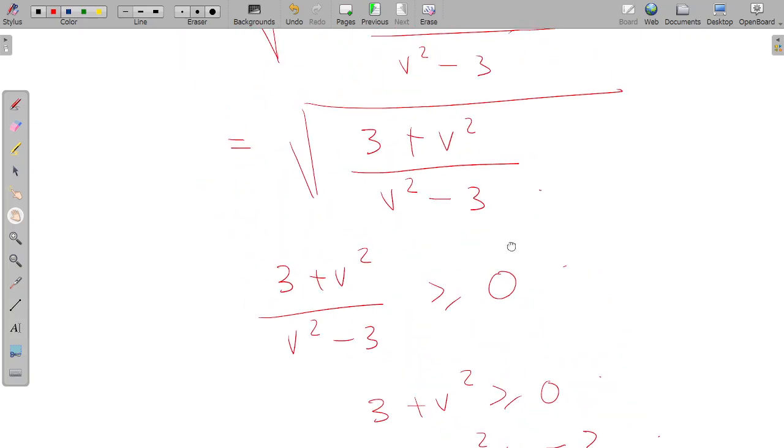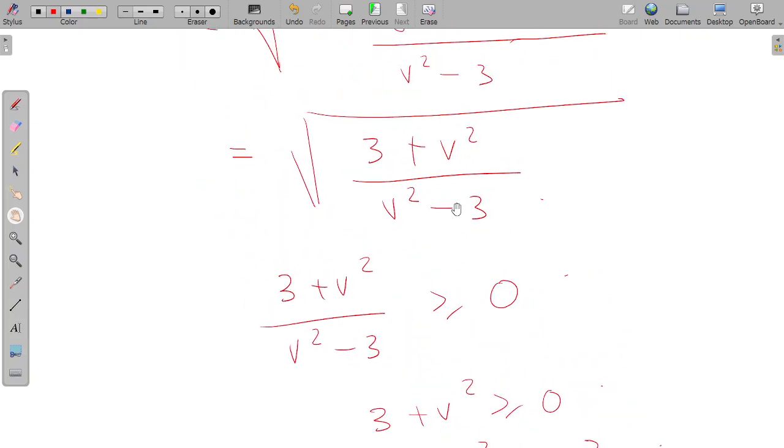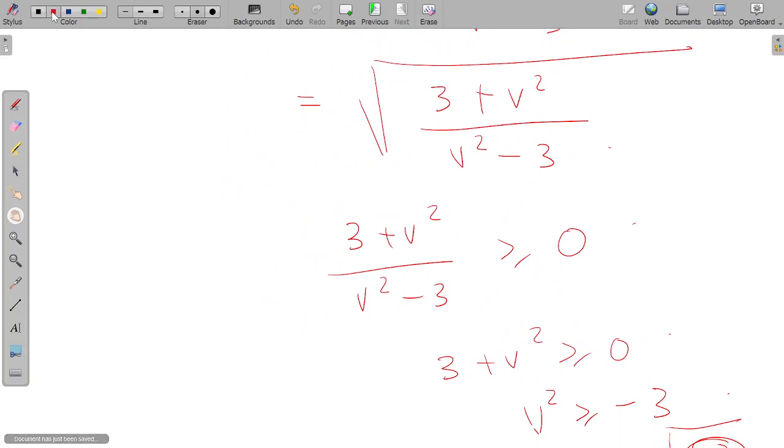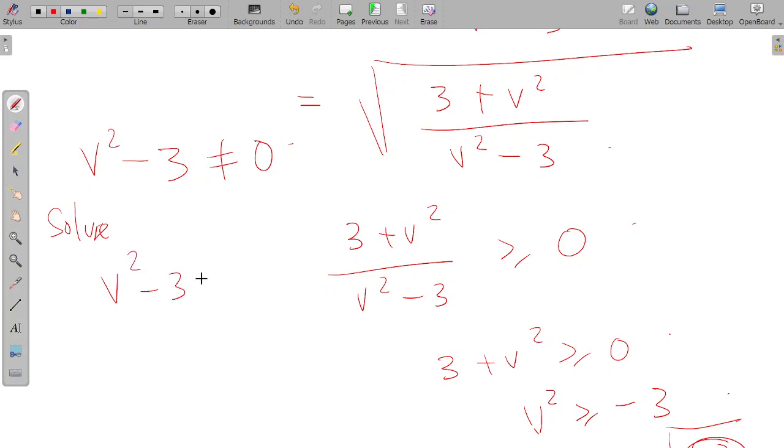So let's hold on to that now, but this one must not be 0. So at the denominator, we have v squared minus 3 must not be equal to 0. That means that if I solve this one, I'm going to have v squared minus 3 equals 0, then v squared equals 3, and then v equals root of 3, positive or negative.